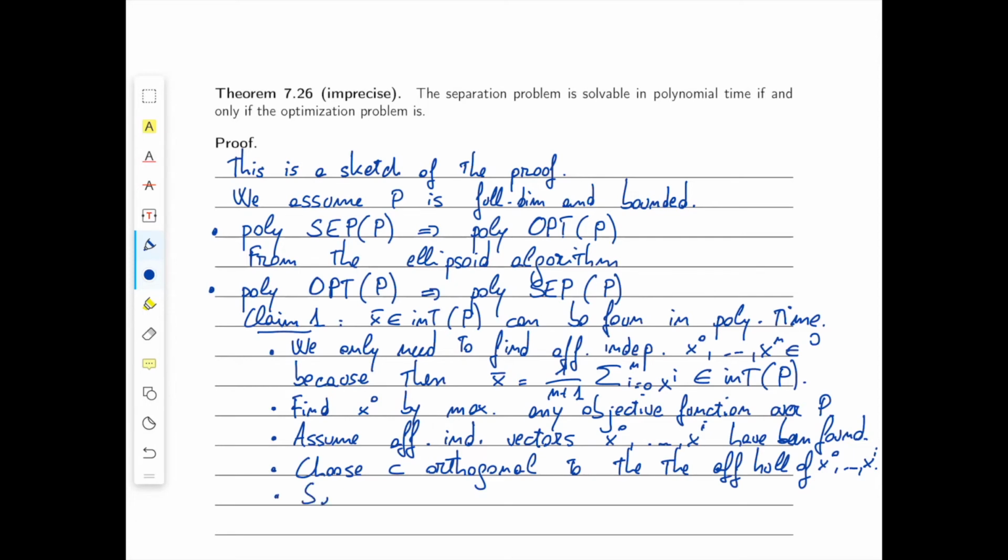Solve max cx and min cx over P. At least one of these two problems will give you an optimal solution which is affinely independent from the previous one.